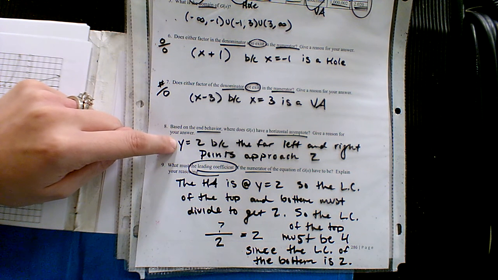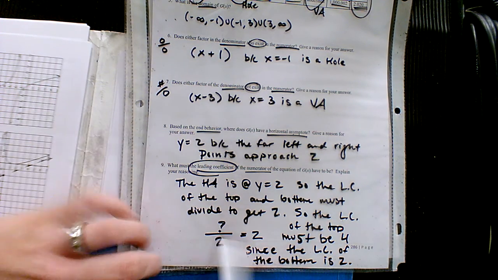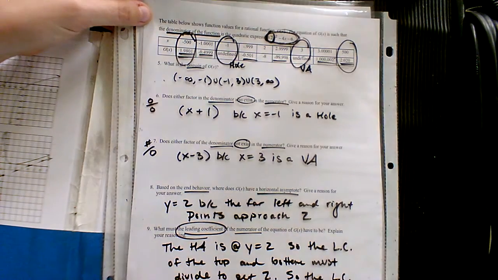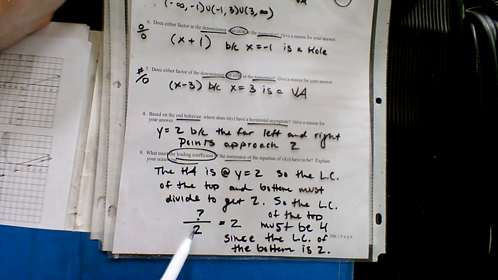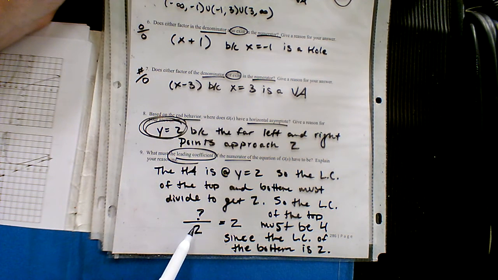And to find the horizontal asymptote, we would divide the leading coefficients. So we're trying to figure out what the top one is, and we already know what the bottom one is since they gave it to us at the top. So somehow this division should give us the horizontal asymptote at 2. And thinking about it, that would be 4.